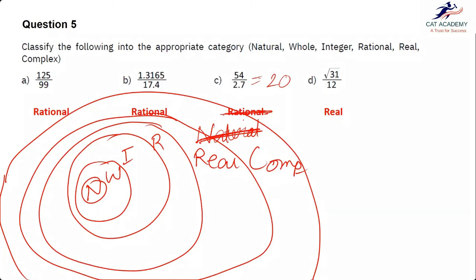So if I say my rational number is say 12 by 1, then this will become a natural number. But the moment I make it 12 by say 13, it's no more natural, but it is still real. It is still complex. So now you will ask how 12 by 13 is complex. So 12 by 13 can be written as 12 by 13 plus 0i.